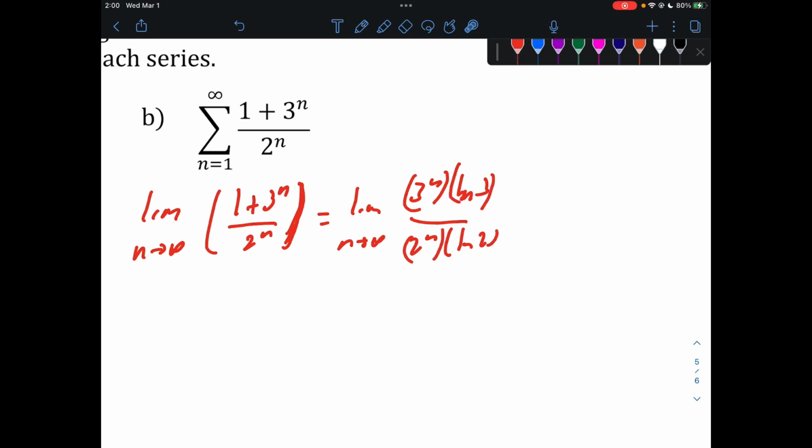The ln 3 and the ln 2 don't really matter. We're talking about infinities here. So we're left with this, which is basically 3 halves to the infinity. Since the 3 is bigger than the 2, that's going to go to infinity. So therefore, we can say this also diverges because our answer was not 0.